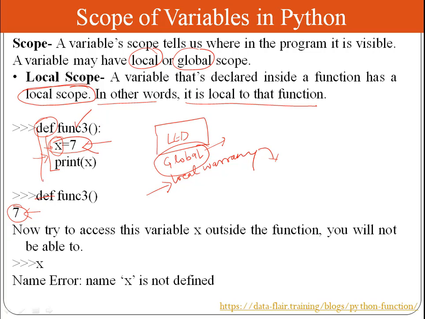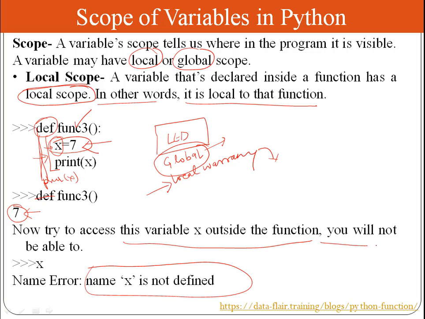What will be the error? NameError: name x is not defined, because it is not known to the outside world. You will not be able to find any value, but you will get the error NameError: name x is not defined. So this is local scope. That variable has local visibility inside the function only.